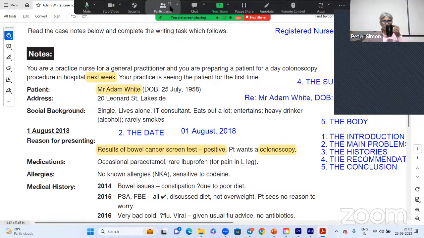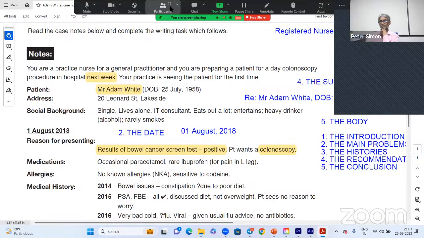We are learning sentences. Then eats out a lot. Lives alone. Okay.